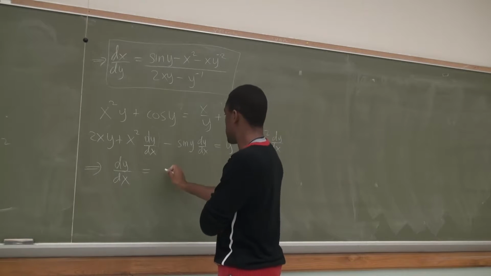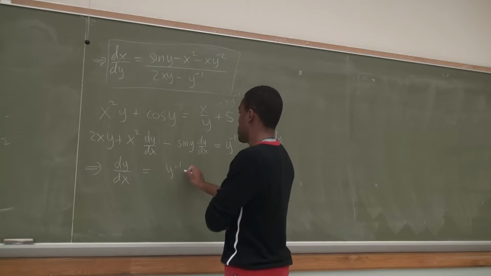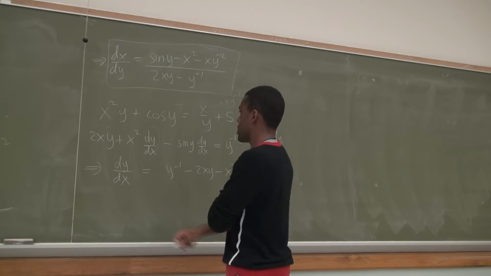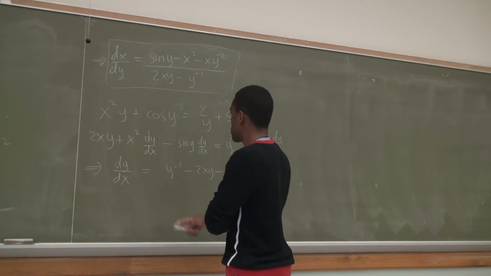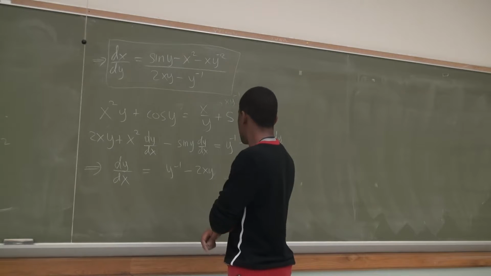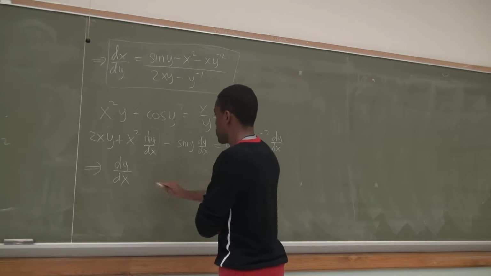So here, what happened? Minus 2xy minus x squared. Sure, that takes care of this. But no, I didn't do the x squared. Wait, there's only one on top, negative 2xy.